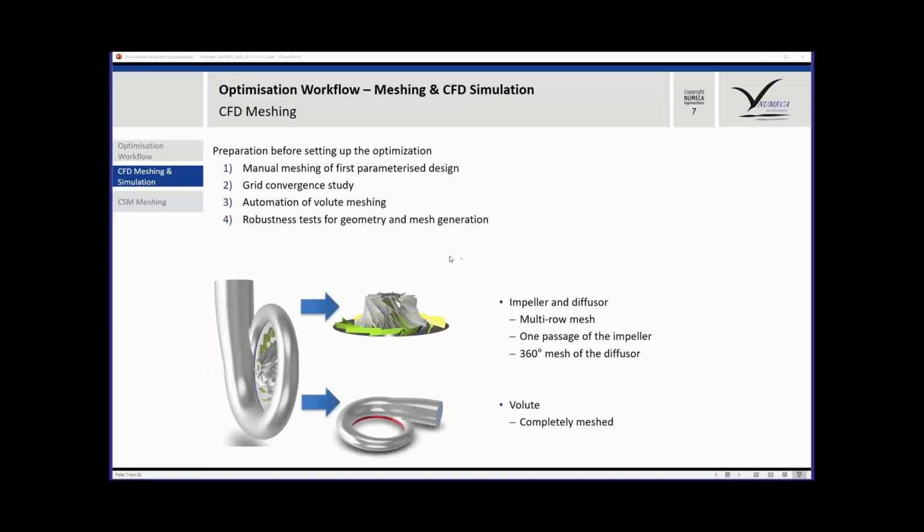Before we set up the optimization, what we do first is manually meshing the first parameterized design. Manual meshing is not an option inside optimization, that's obvious.